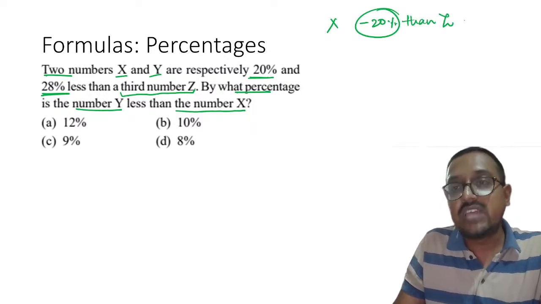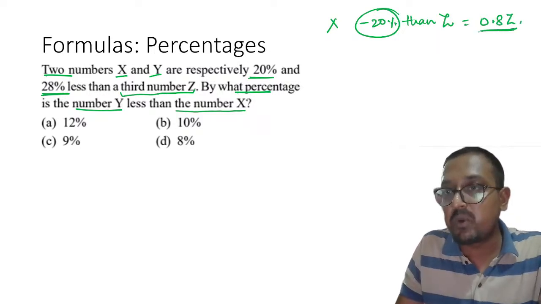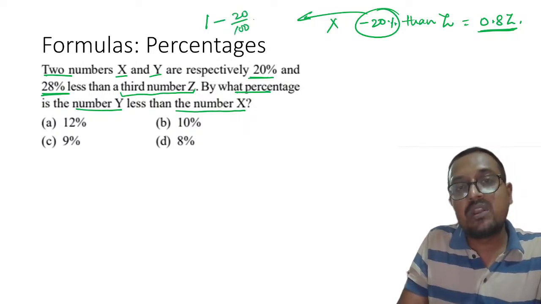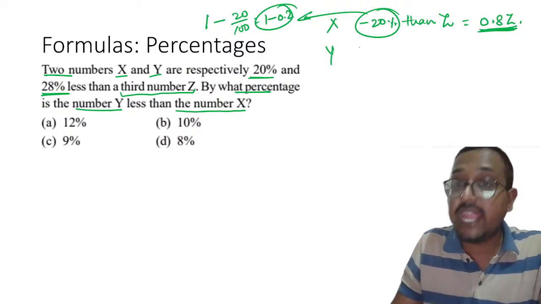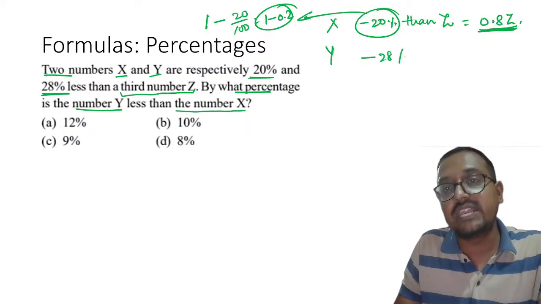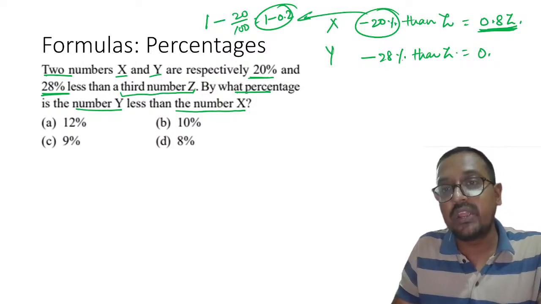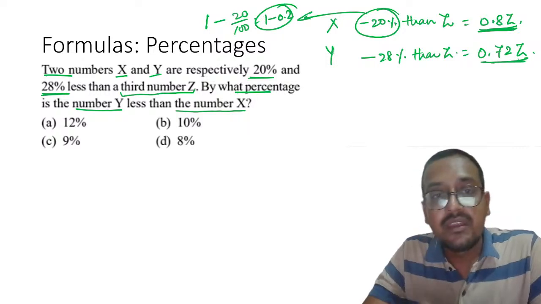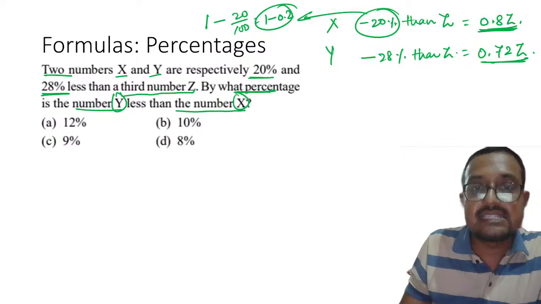So that will become 0.8z, from where this is 1 minus 20/100, that is 1 minus 0.2 is equal to 0.8z. Understood? y is 28% less than z, so that becomes somewhat like 0.72z. Any doubt?